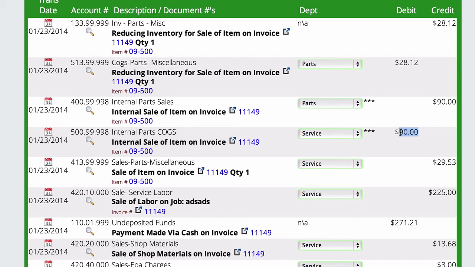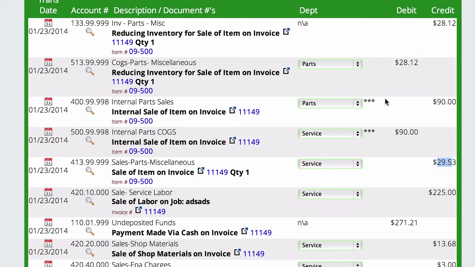It costs service $90 to get the part. But then service turned around and charged $29.53 for the part. So they lost $90 minus 20, so 60-something dollars, or $71. No, $69. Anyway, the service department actually lost money on the part.